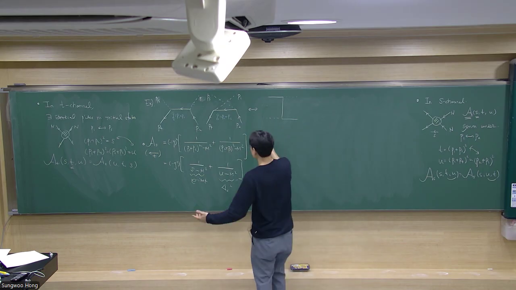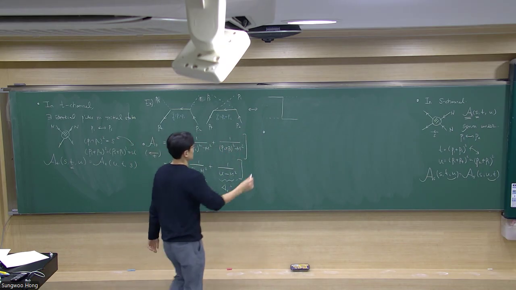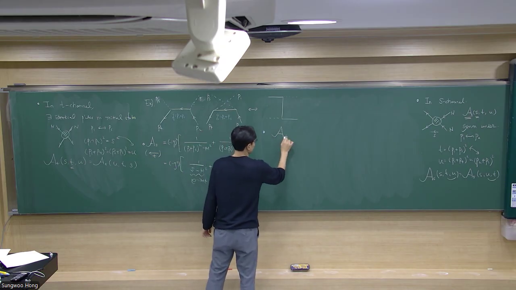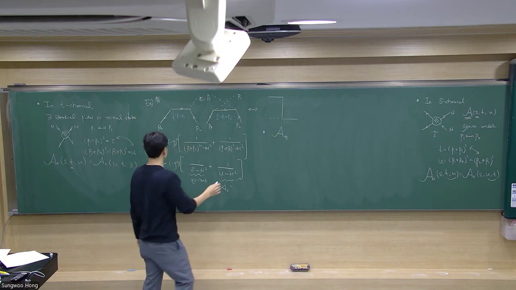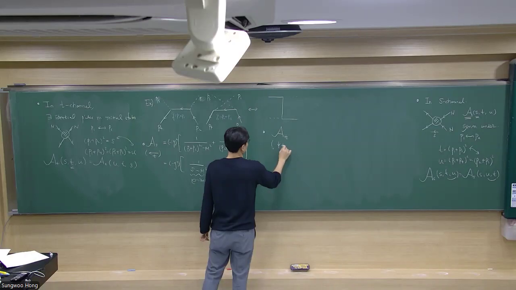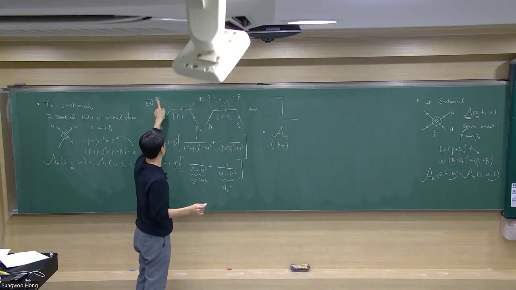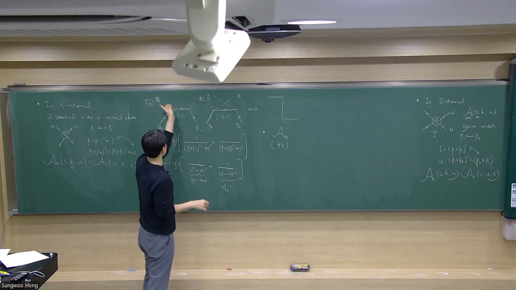Okay, now, so that's the S channel. Now let's do a T channel. How do you go from the S channel to the T channel? Now you have to read the time from top to bottom. But when you do that, what was in stayed in, but what was out turns into the in state, right? Incoming state. In the S channel, this was one of the outgoing particles.